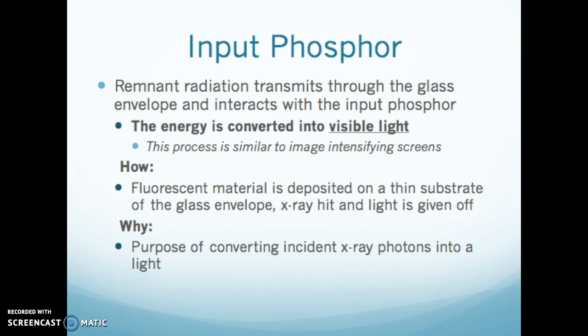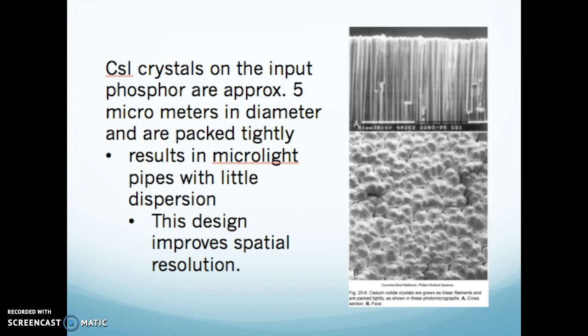The fluorescent material is deposited on a thin substrate on the glass envelope. The X-rays hit it, and it gives off light. The purpose of converting incident photons into light is so that we can amplify the signal, so amplify the light, so it's easier for us to see.